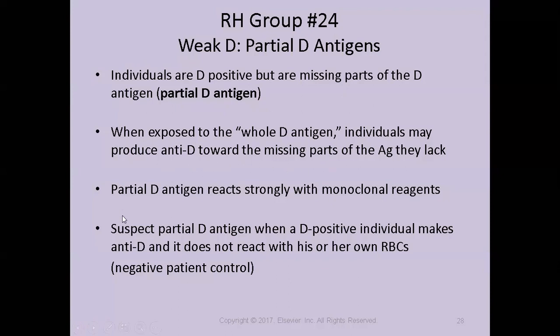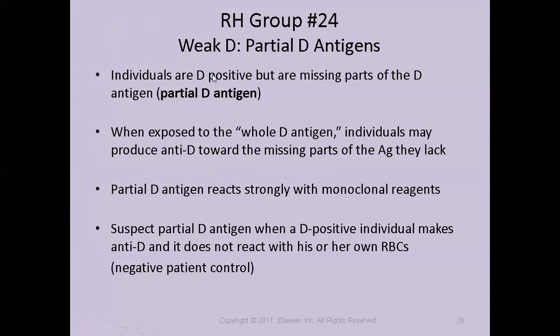Okay, so next we're going to talk about weak D, but this is different. This isn't weakened expression of the antigen due to cis or trans. This happens when individuals have partial D antigen.